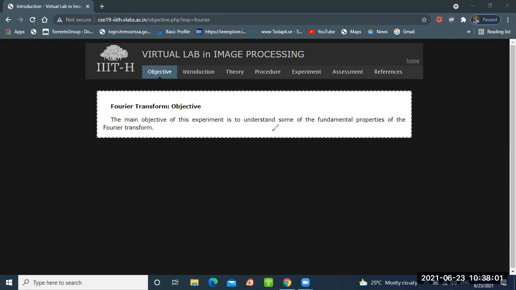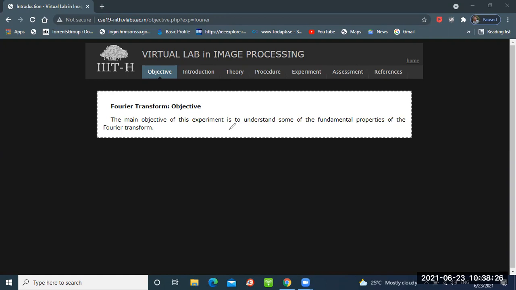Now, the second way of representation is called Fourier transformation, where we represent the image in terms of frequency, basically signals. This is a different type of representation of signal.